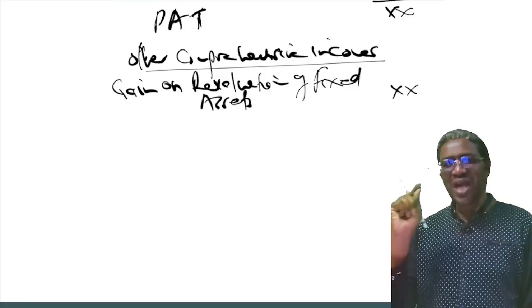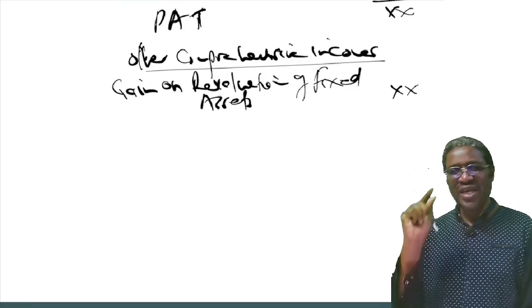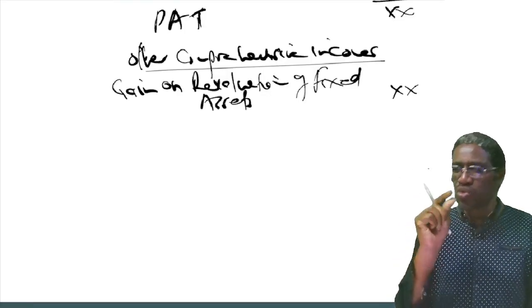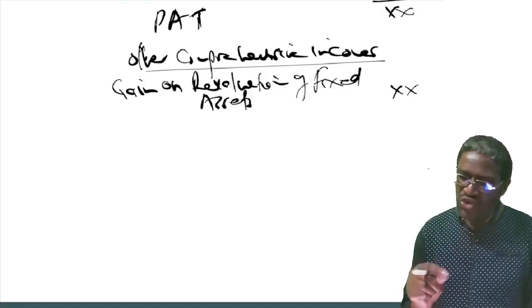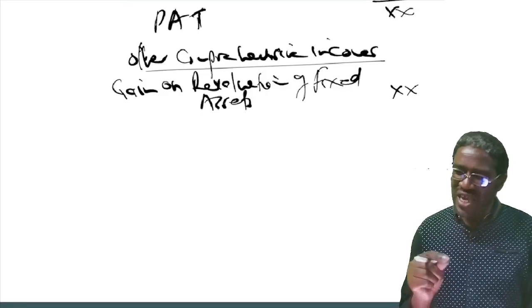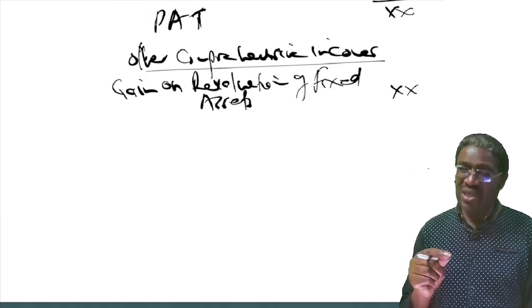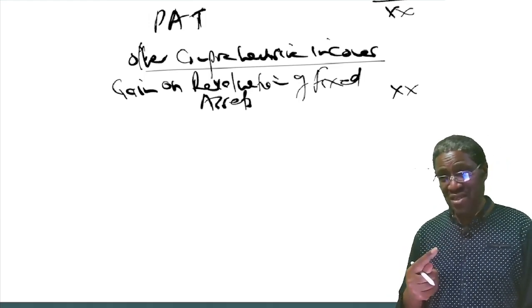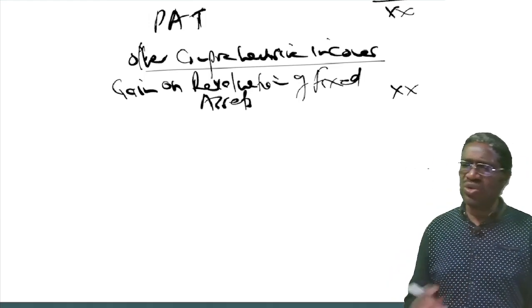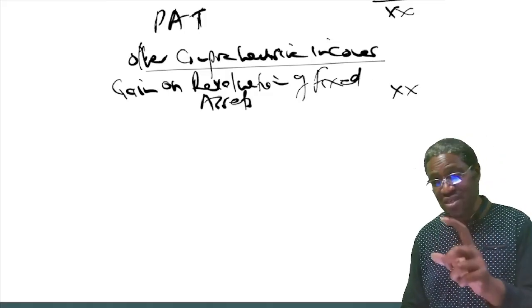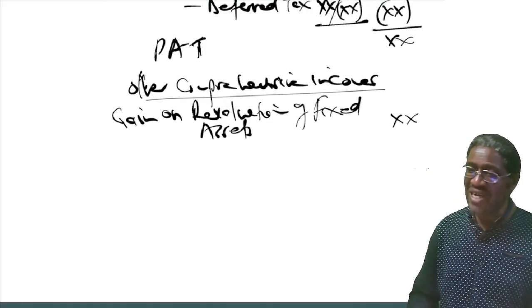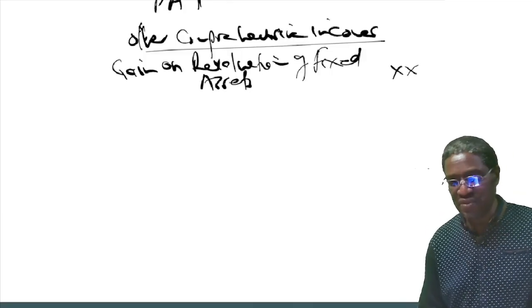If your company has an exchange difference whose rules don't require you to take that gain to the income statement, yet it's a gain, then I'm required to show it under other comprehensive income.